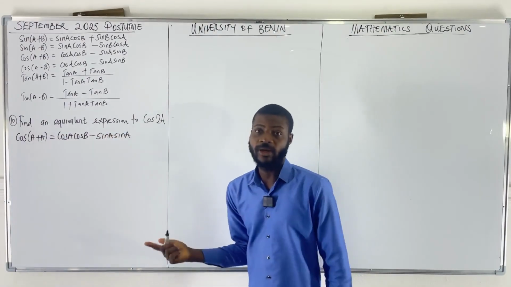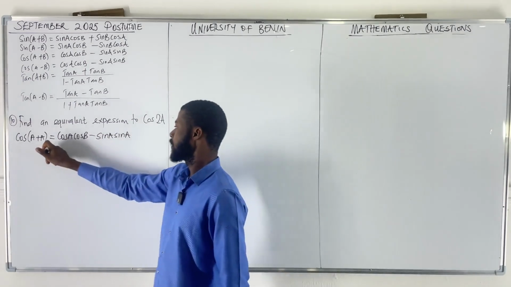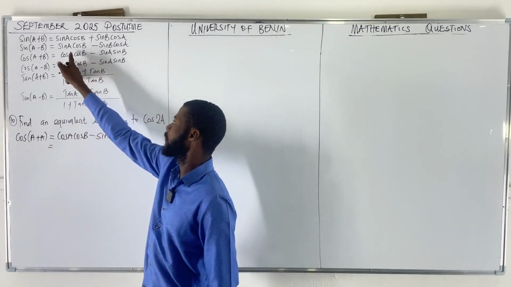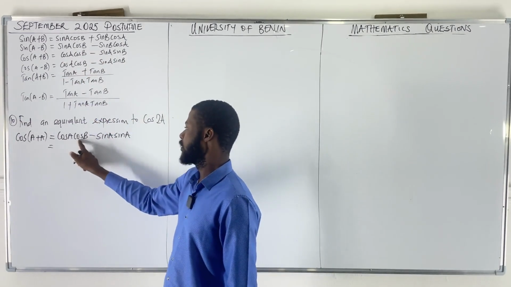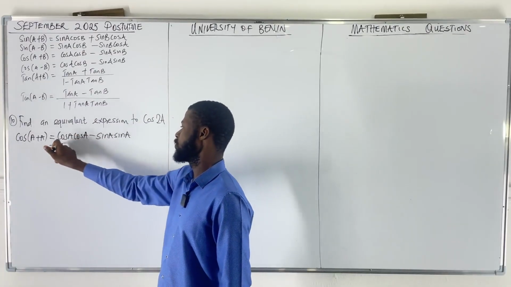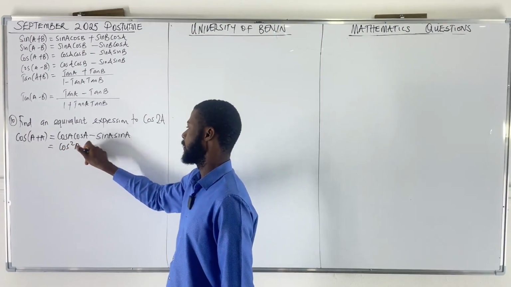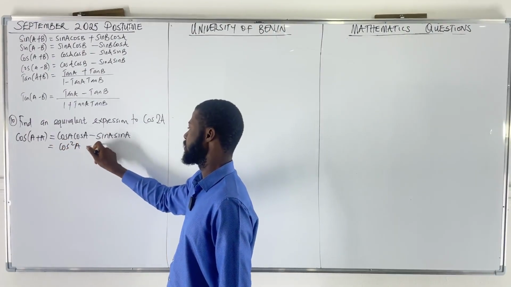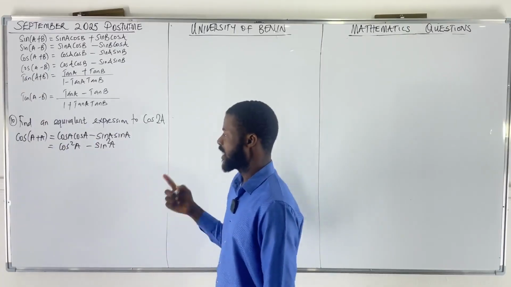So it's like we're doing double angles. I'm just following this formula at the top. Sorry, this is supposed to be a. Cos a cos a will be cos squared a, then sine a sine a is sine squared a. So that's a way to write it.